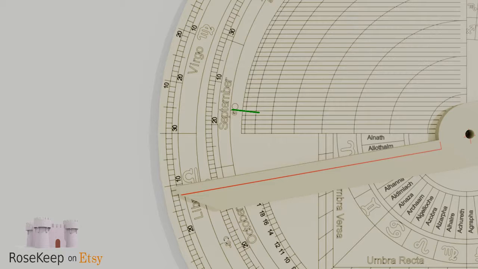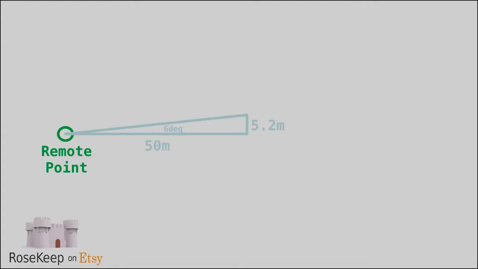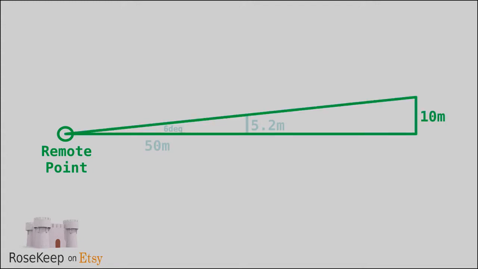This means that if the remote point was 50 meters away, the angle would represent 5.2 meters along the ground. But we actually moved 10 meters, so the remote point is 50 times 10 divided by 5.2. That is about 96 meters away.